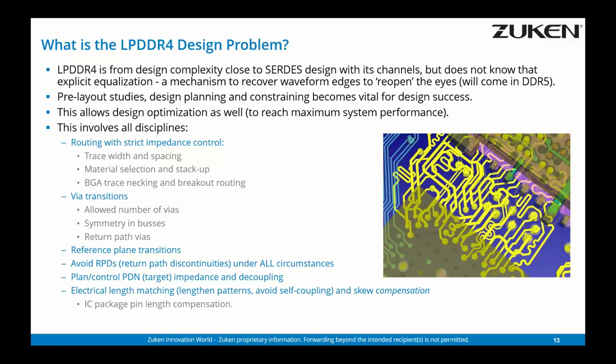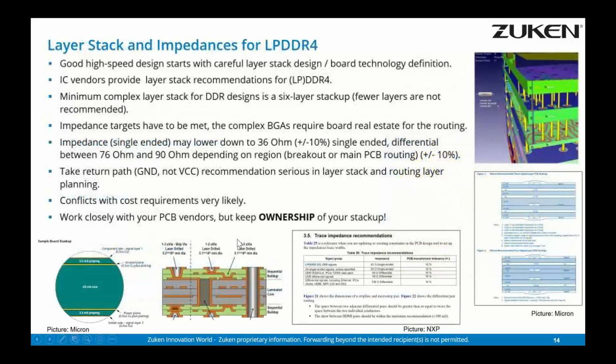Here, very likely you have to look into the length differences within the large BGA packages for the controller, for the CPU, for the FPGA. So if you have these length differences, they have to be taken into account in the skew compensation. Otherwise, you get signal offset and undesired signal behavior.